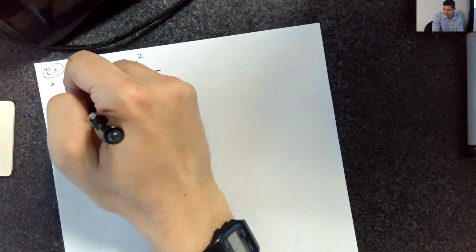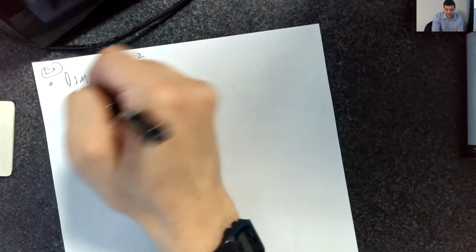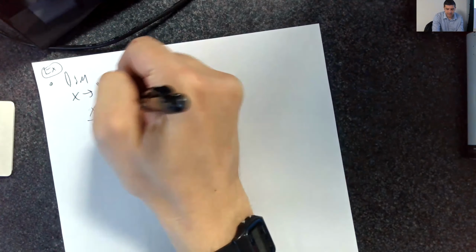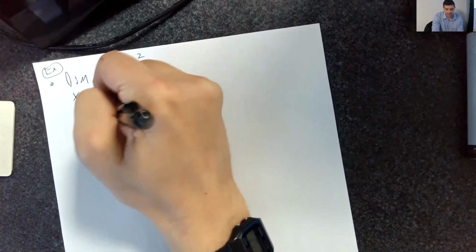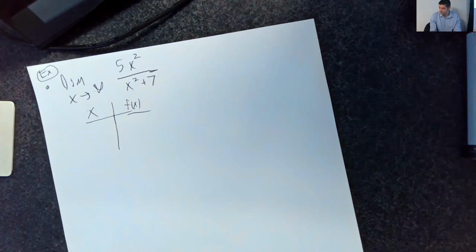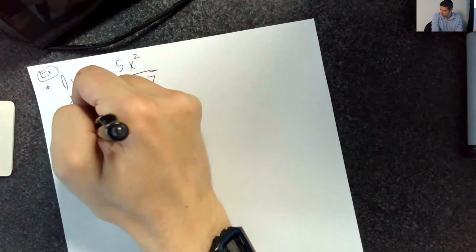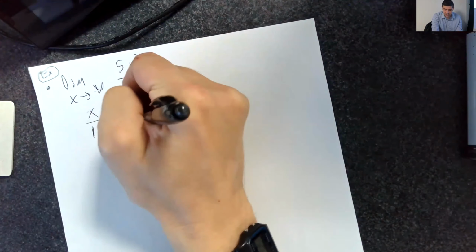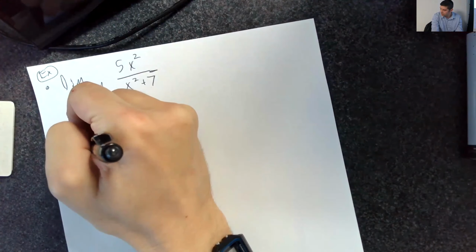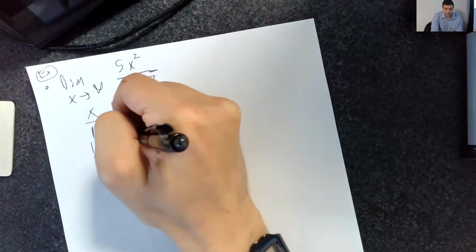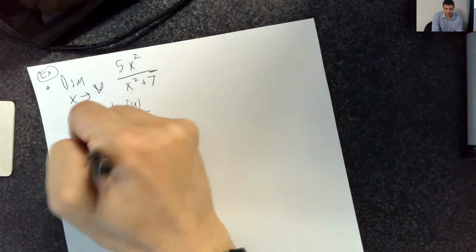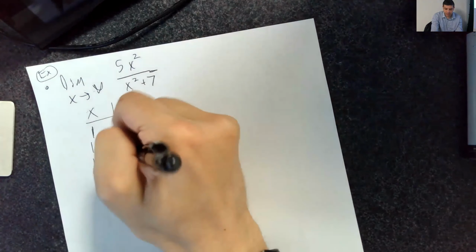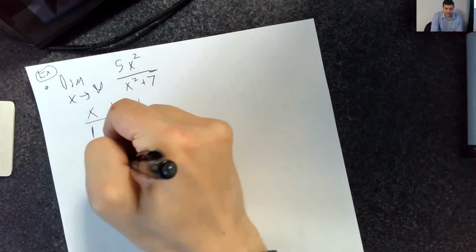Okay, we'll check a couple of ways here. Let's say x and f of x. What would a calculator say? If we plug in 1, we get 0.625. If we plug in 10, we get 4.67. If we plug in 100, we get 4.996.